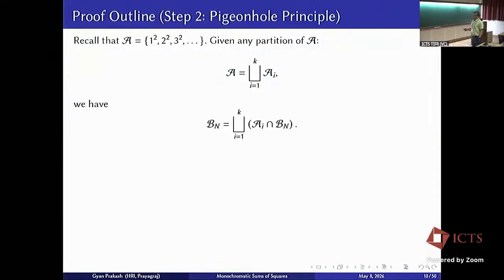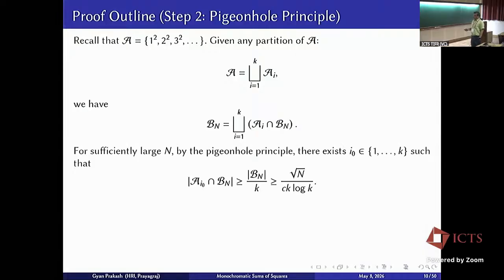Now since A is a set of squares, given any partition of A, it will induce a partitioning of this Bn as well, because Bn is a subset of A. So for sufficiently large n, by the pigeonhole principle, there will exist i naught belonging to 1 to K such that A i naught intersection Bn is at least Bn by K, which is greater than or equal to square root n by C log K log K.